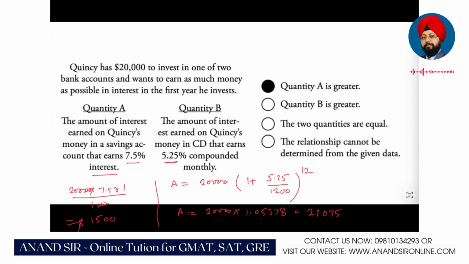So here the compound interest will be 21075 minus 20,000, that will be 1075, and here it is 1500. So which is more? Quantity A is greater. So I will go with quantity A.